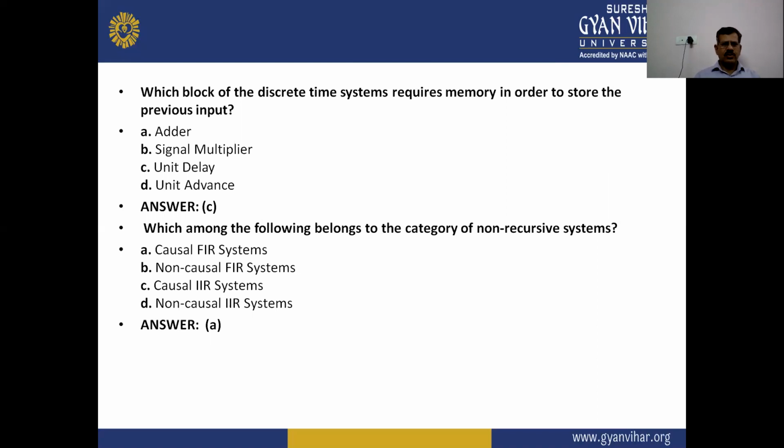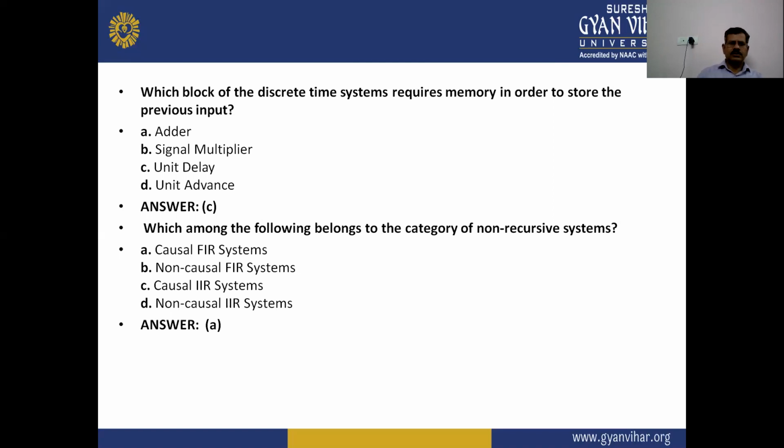So here the correct answer is option C, unit delay, because it is the block that requires memory to store the previous inputs. So the correct answer here is option C.